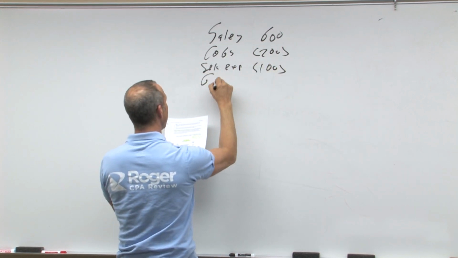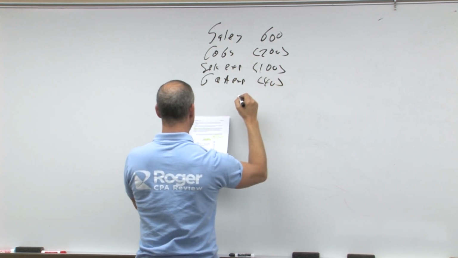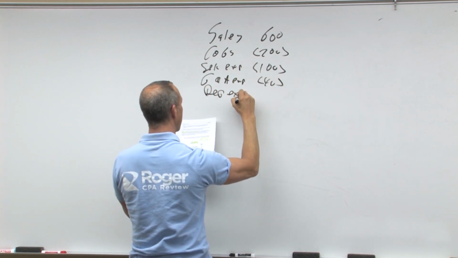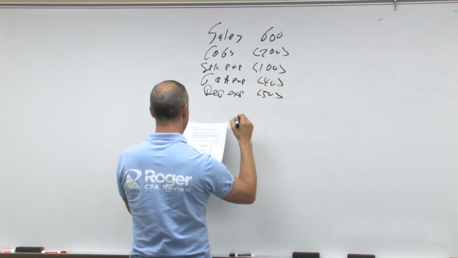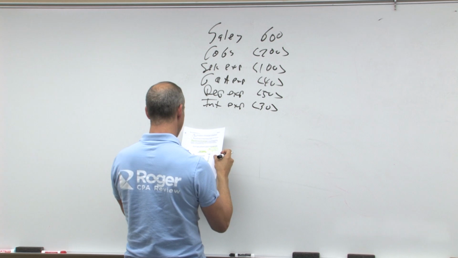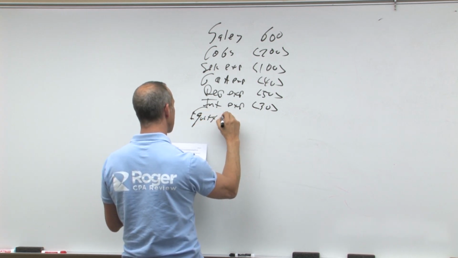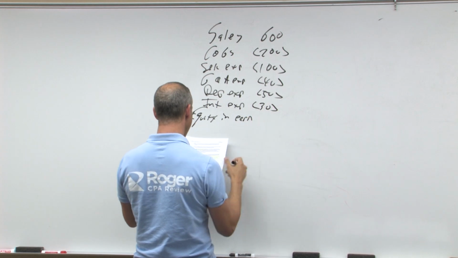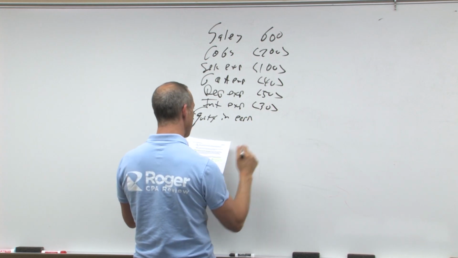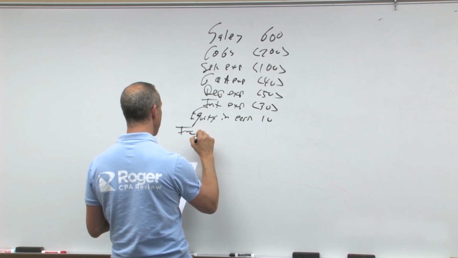I have G&A expense, which is 40. Depreciation expense, 50. Interest expense, 30. Equity and earnings. And equity and earnings is what? That's an income statement account of investee for 10. That is under the equity method. Income tax expense.